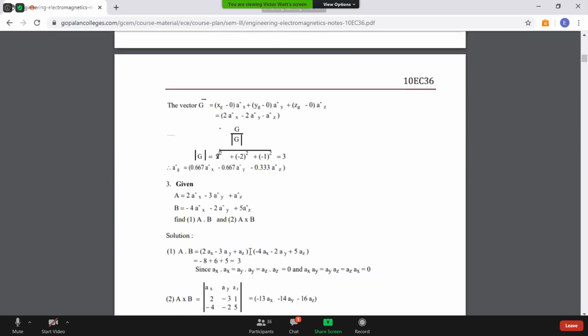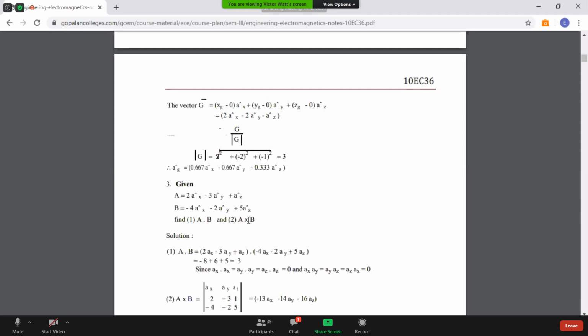Now, vector A equal 2ax minus 3ay plus az. Vector B equal minus 4ax minus 2ay plus 5az. Find A dot B. So A dot B is what?